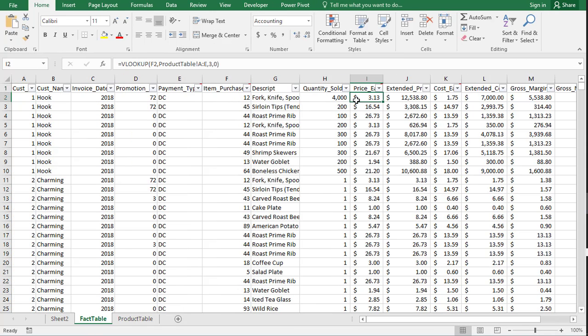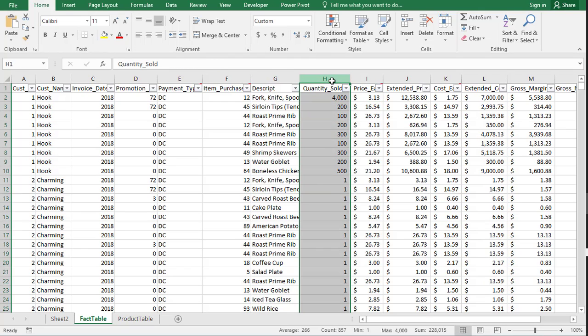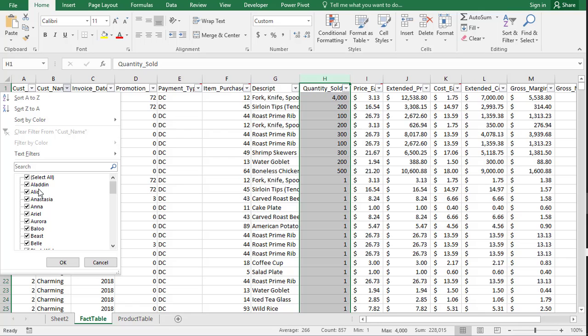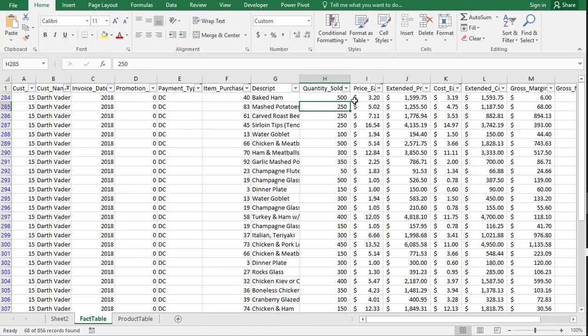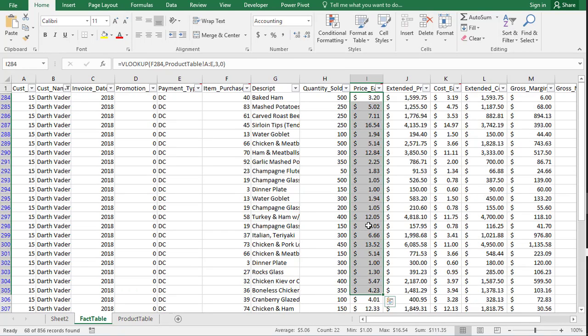What I mean by that is, does this column say anything about money? Are there any dollar signs in column H? No, there are not. So you have to be careful, because let's just look at Vader for a moment. Just filter out everybody else. He's bought a lot of products, right?